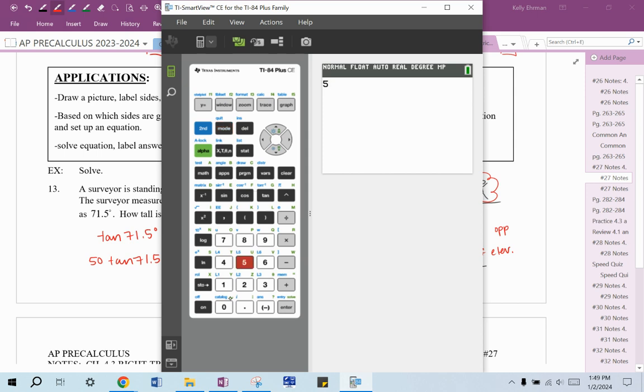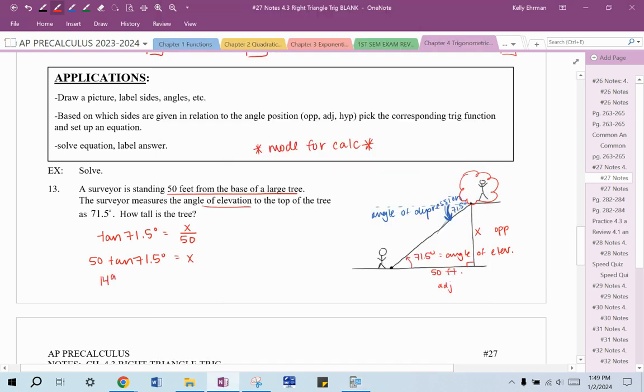All right, and then that was 50 times, you just press tan, 71.5. And so this is how the calculator knows we mean 71.5 degrees. So how tall is the tree? Always round to three places. 149.434. Label that in feet because that was the dimension of the other leg. That's approximately equal to x.